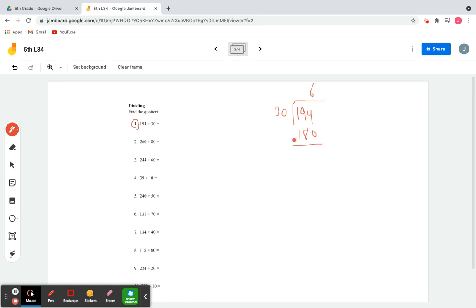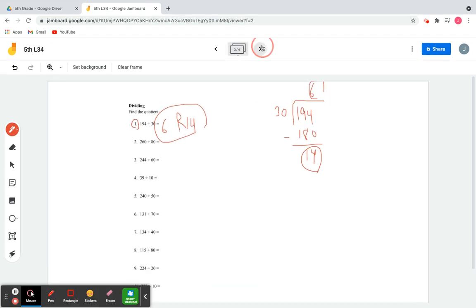So we put 180 here, and then we subtract, and we get 114. Oh, I'm sorry, just 14. And 14 is less than 30, so this is it. So this is the remainder, and this is the quotient. And we are going to write down the quotient. So the answer will be 6 with the remainder of 14. Okay, when you write the answer, never forget to write the remainder.